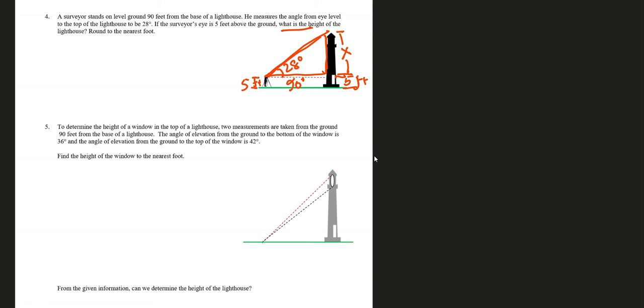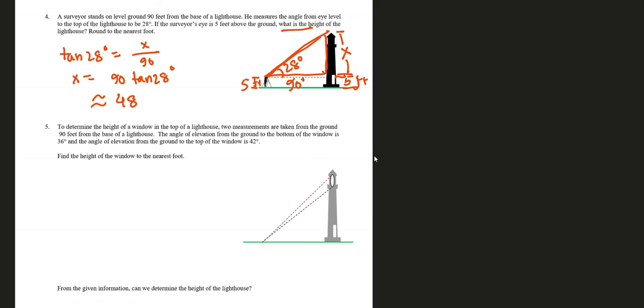So again, using the formula, tan 28 degrees equals x over 90. Oh, it's not 90 degrees, it's just 90. So x equals 90 times tan 28 degrees, which is approximately 48, if we use a calculator and multiply by 90.